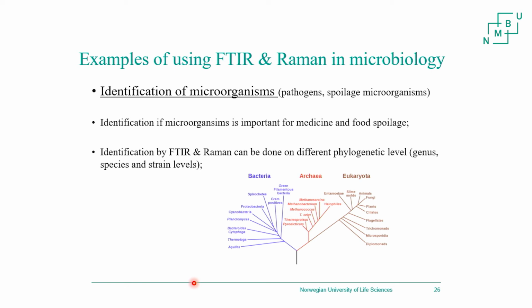So we take spectra of the isolates, and then we try to build a so-called phenotypic tree, a hierarchical tree, which should resemble the phylogenetic tree and all the phylogenetic levels: genus, species, and strain levels.